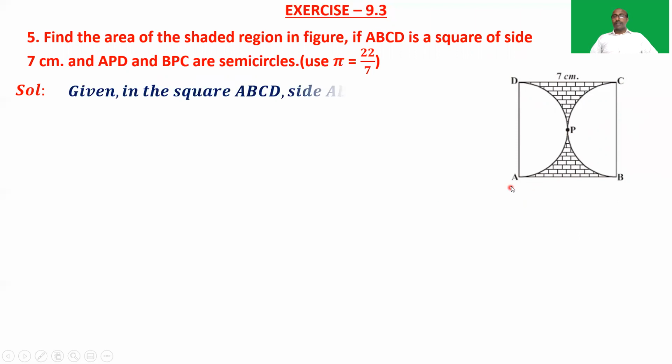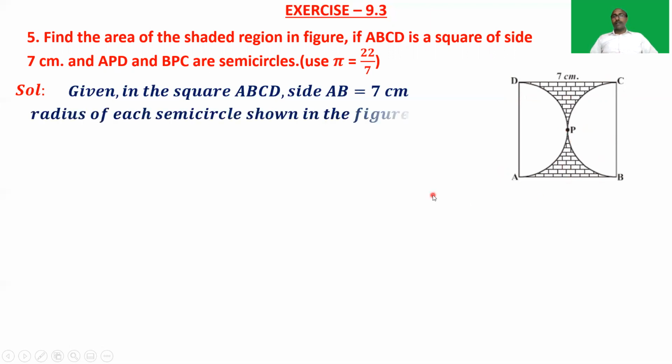So in this square, side AB is equal to 7 centimeters. And here the area of the shaded region is equal to the area of the square ABCD minus the sum of the areas of these two semicircles, isn't it? By subtracting the area of two semicircles from the area of square ABCD, we are left with the area of the shaded region.